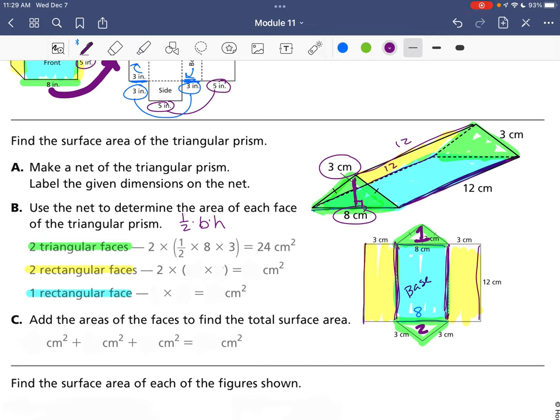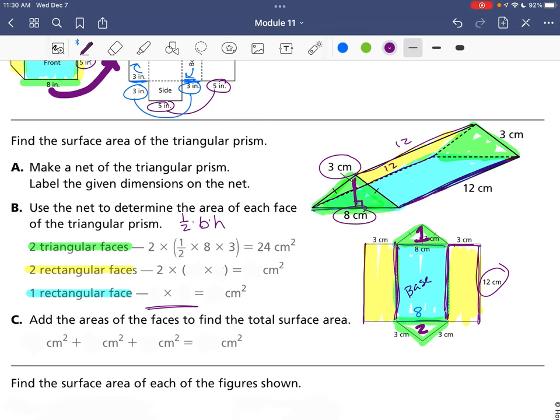I know I'm gonna have 8. But 8 times what for that rectangular face? I'm sorry, I'm doing the little ones. I'm silly. We're gonna do this part. 3 times our height, which is labeled. That's right here, so pause that. We're gonna do that question down here.